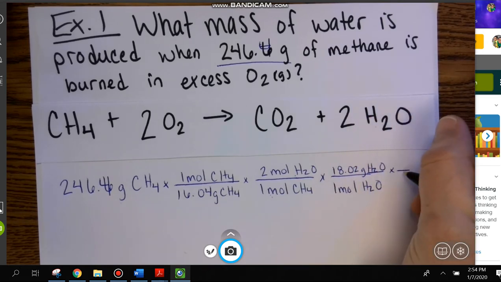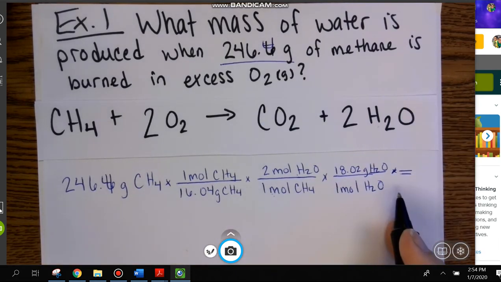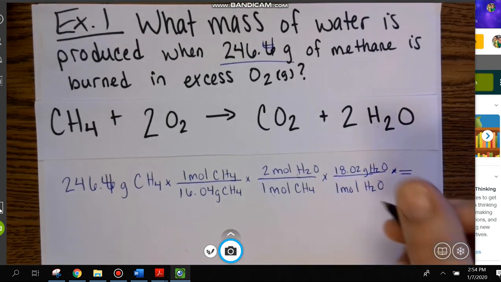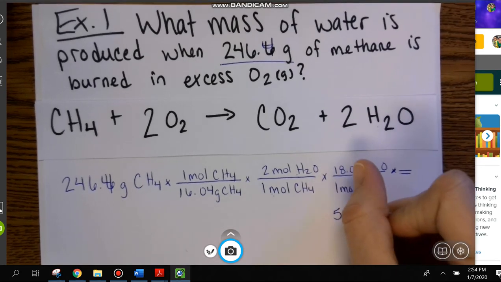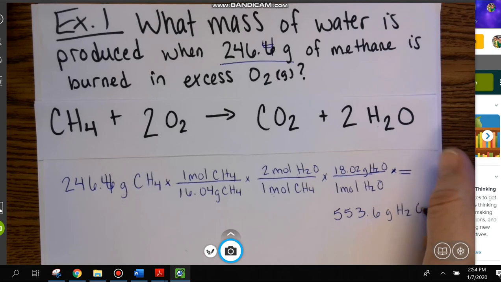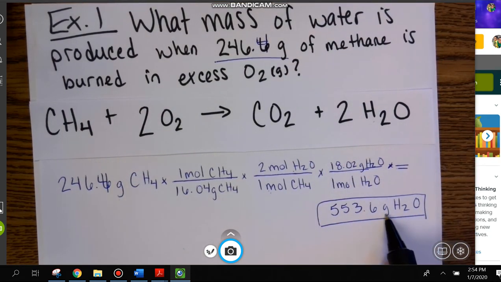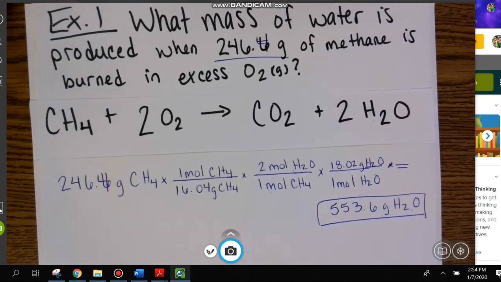And then I'm going to have my answer, okay? So I'm just going to put this in my calculator. Once I put this in my calculator, I am going to get 553.6 grams of water. And this would be my final answer, noting that I have both my units and I have the substance.